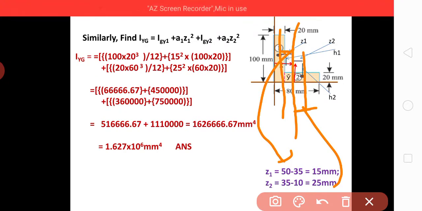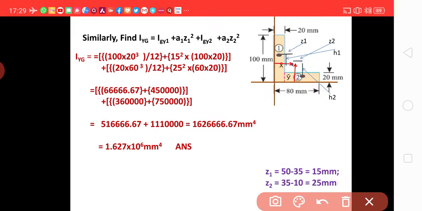Okay, so let us proceed now. z1 is 50 minus 35, 15 mm. z2 is 35 minus 10, equal to 25 mm. The cube is done of this dimension for section 1. So 100 into 20 cube by 12 plus 15 square into area, that is 100 into 20.